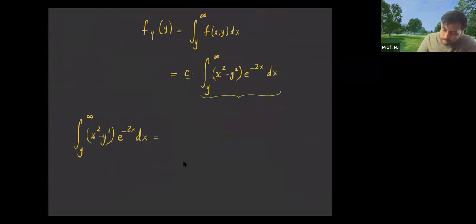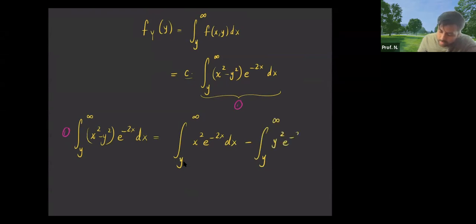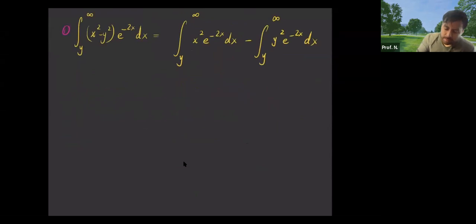If you separate the integral into two integrals, you get the integral from y to infinity of x squared e to the negative 2x dx, and then minus the integral from y to infinity of y squared e to the negative 2x dx. Okay. So we're going to do this step by step as well. This is number 2 and this is number 3.